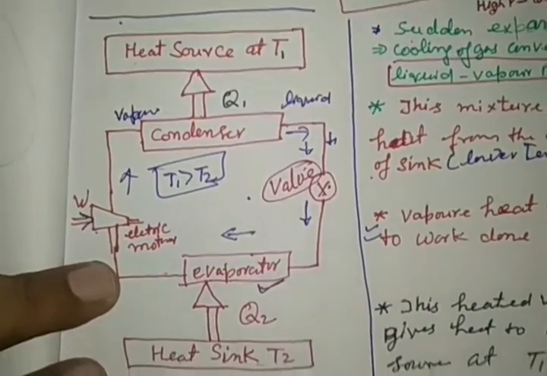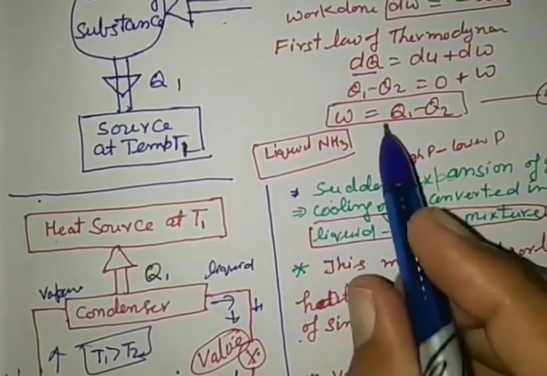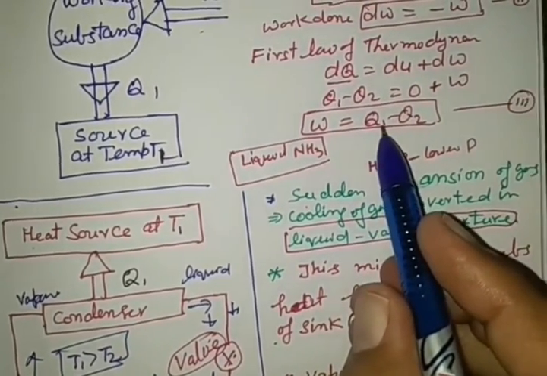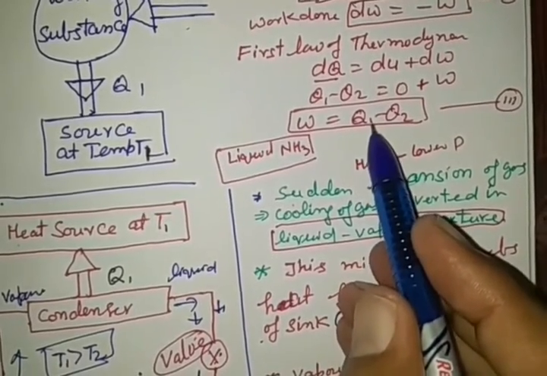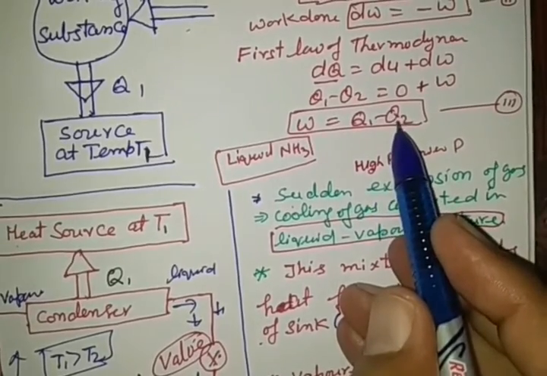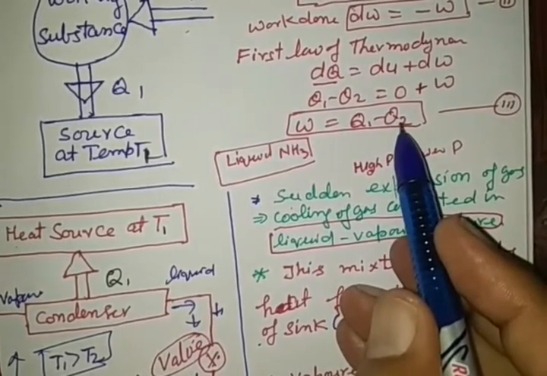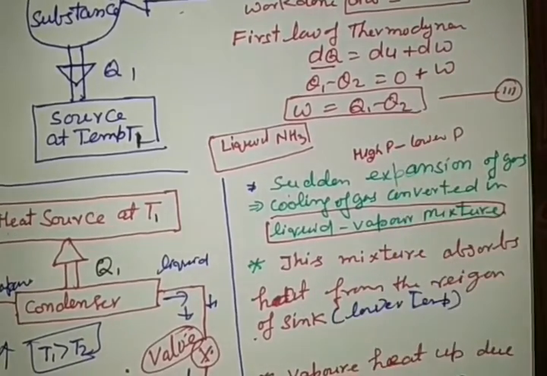The work done W on the system is the difference of the heat Q1 rejected at the source minus Q2, the heat absorbed at the lower temperature, right?